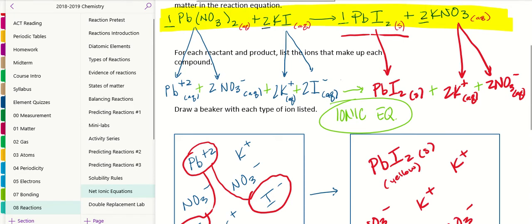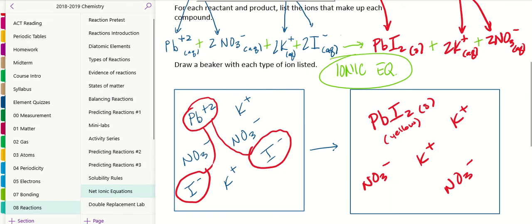Now, what is happening to the potassium and the nitrate in this reaction? What are they actually doing? Look at the start in the reactants and look at the products. What is different?